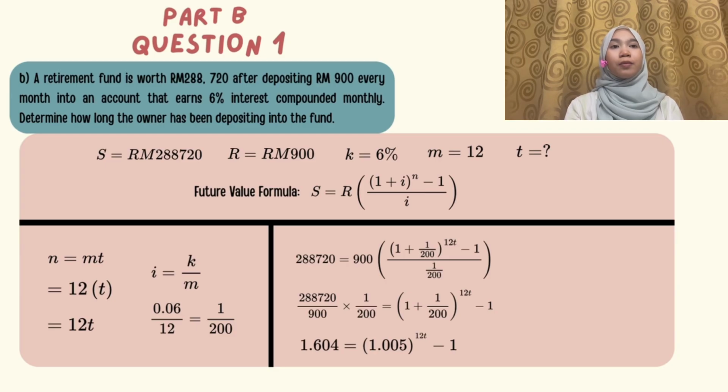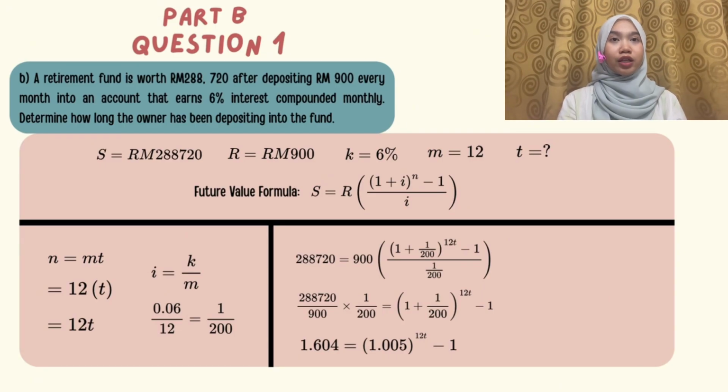S equal to R open bracket 1 plus I close bracket and N minus 1 over I close bracket. And we have to find the value of I and N. I equal to K over M, and we got 1 over 200, and N equal to M multiplied by T, and we got 12T.